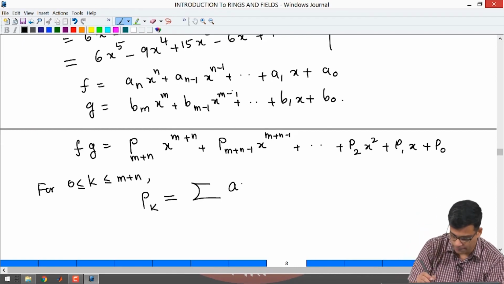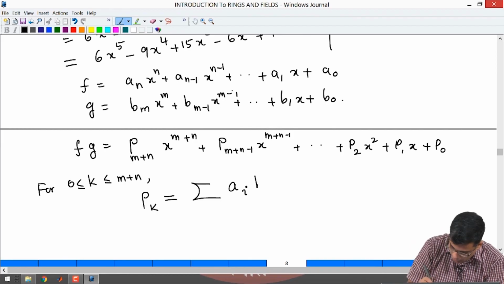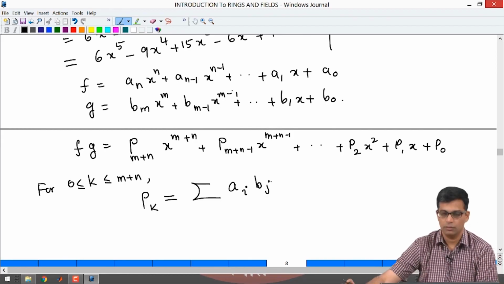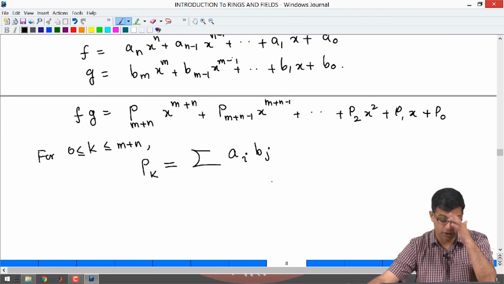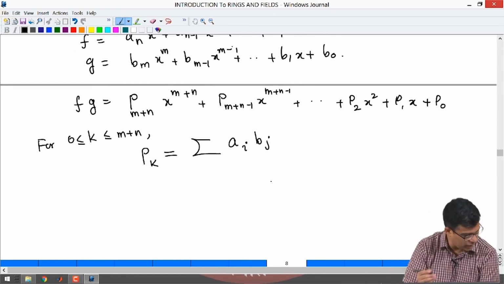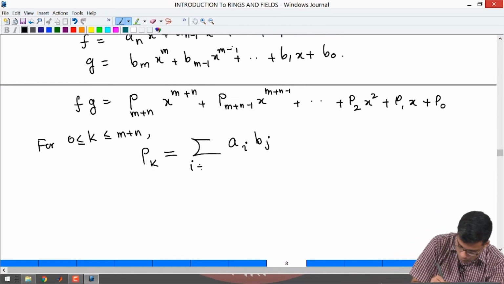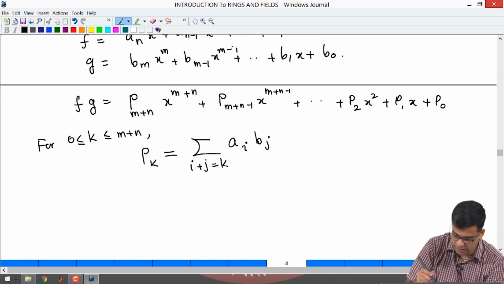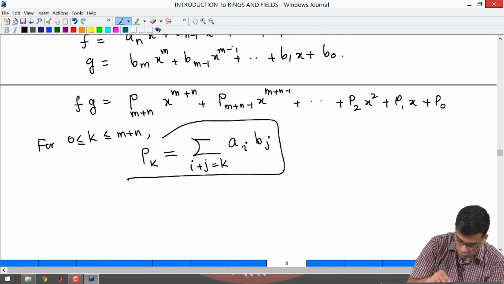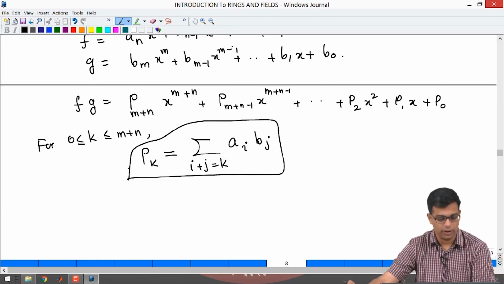So, we have to add a_i times b_j, multiplying the coefficients of the corresponding terms for every i, j which add up to k. So, this is the expression for the coefficients of fg.